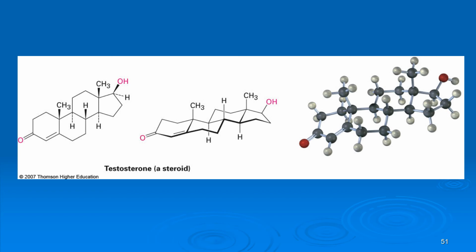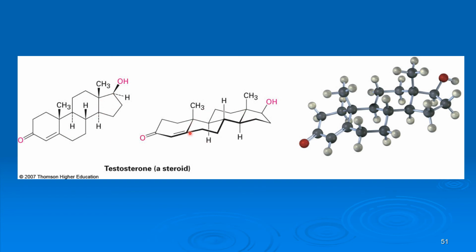This is just showing you extending it out. So if you get a picture of a steroid, here's testosterone, and when you draw it flat, you don't really get a good idea of what the molecule looks like. And you see, well, this has the double bond, but anyway, it's actually got that decalin right here, and then it's got a 5-membered ring attached.